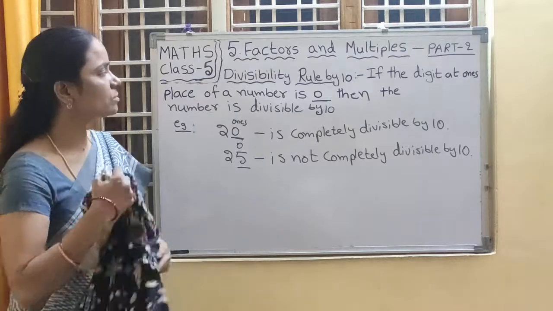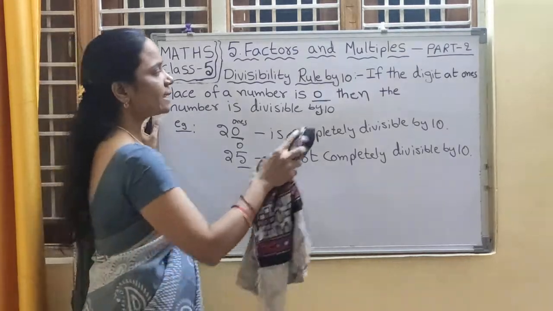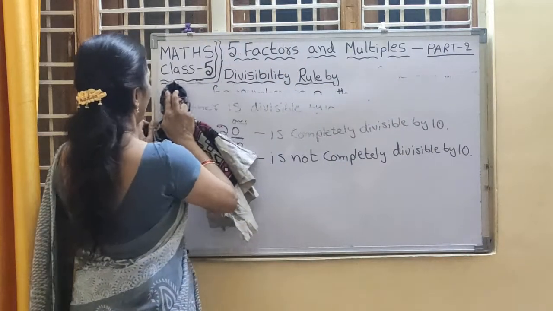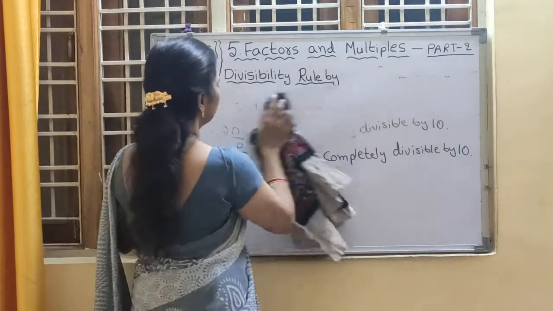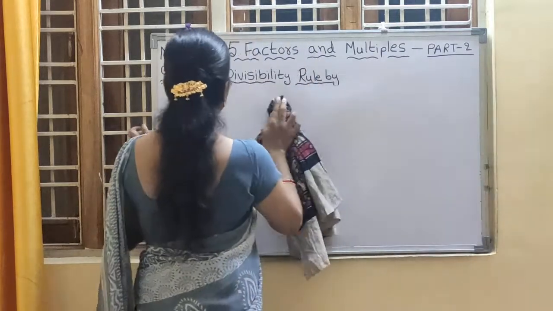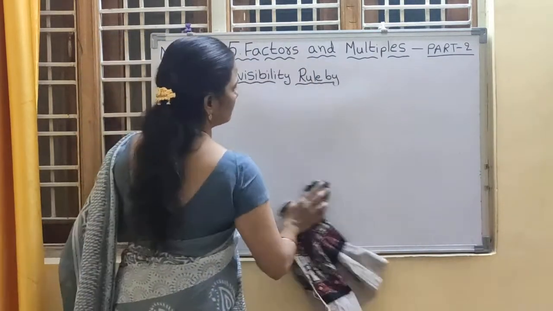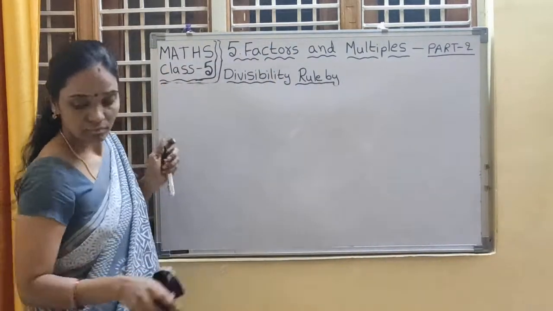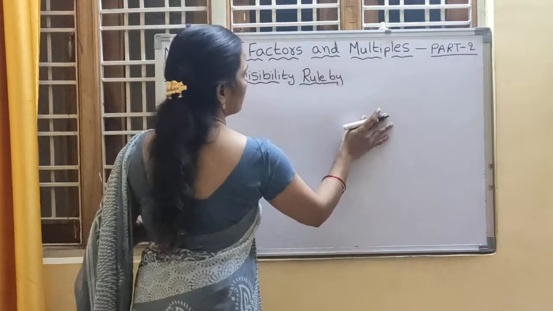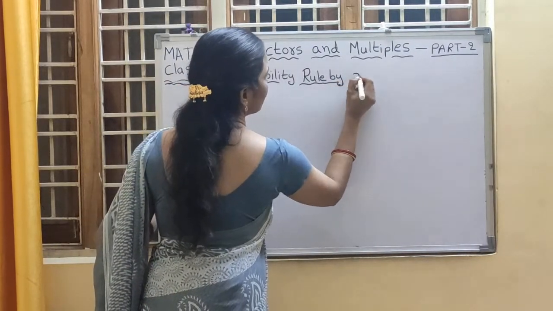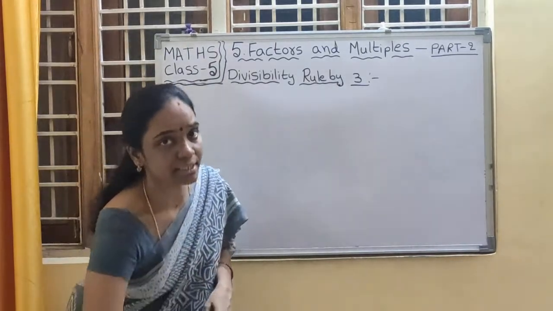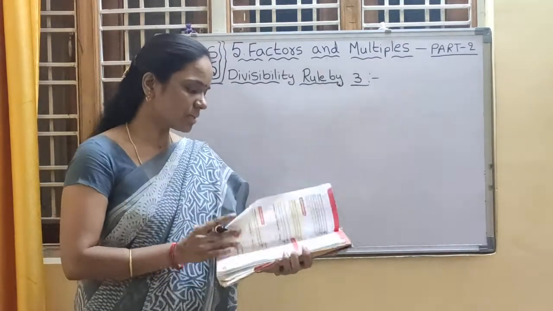Coming to the next rule, divisibility rule by 3. Note down the definition.